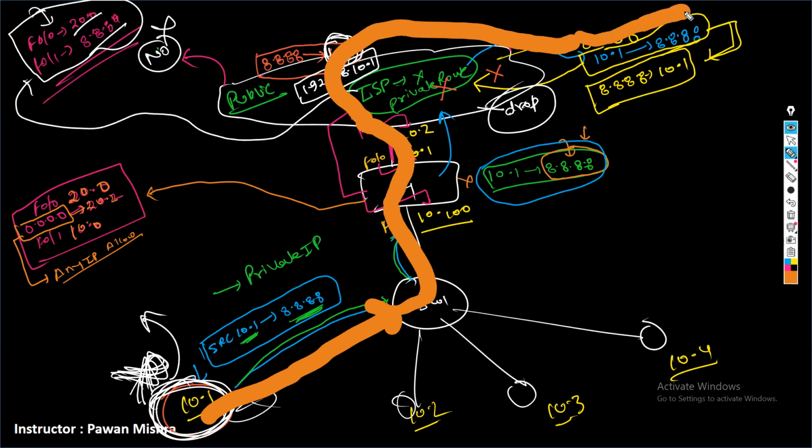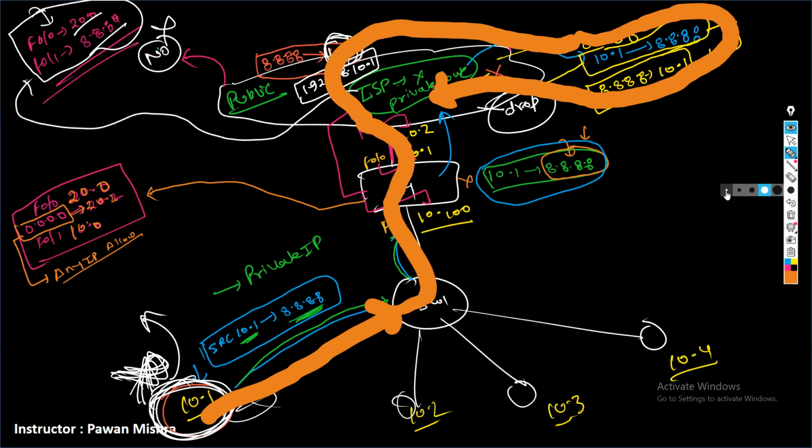After that 8.8.8.8 gets back a reply, and when this packet reaches the ISP, when the ISP receives the packet, the destination IP address is what?